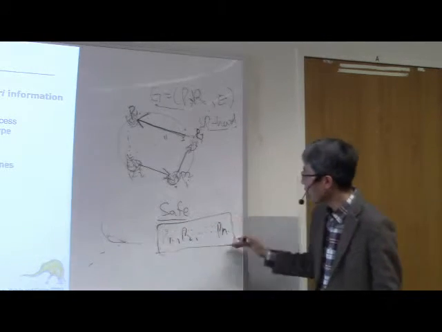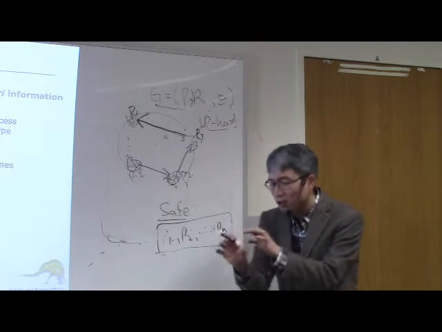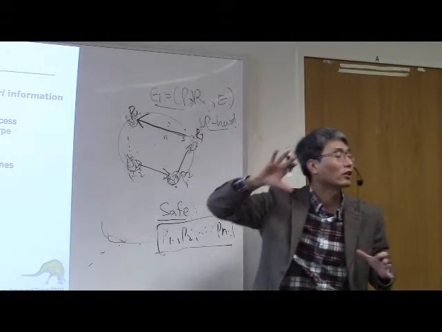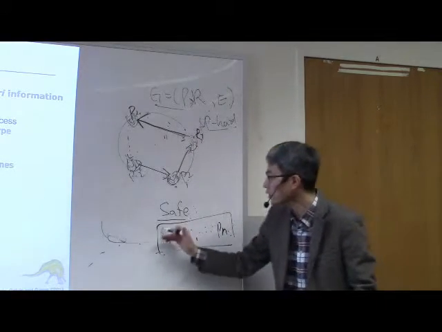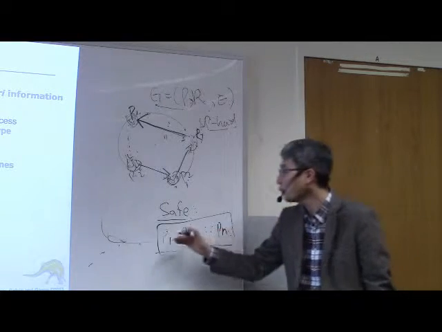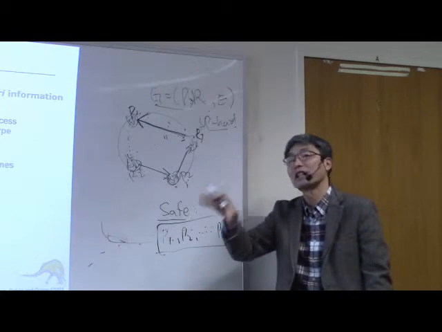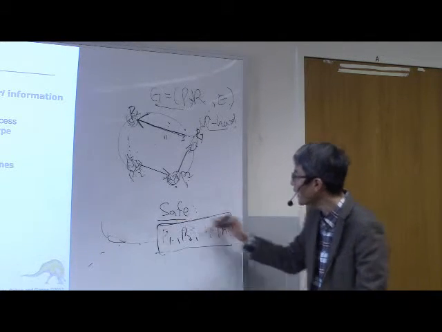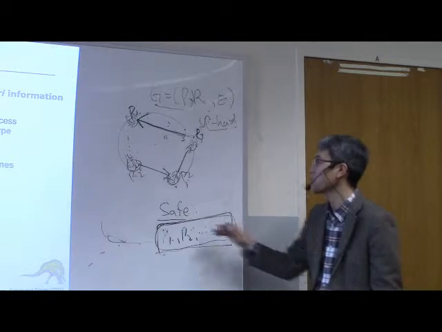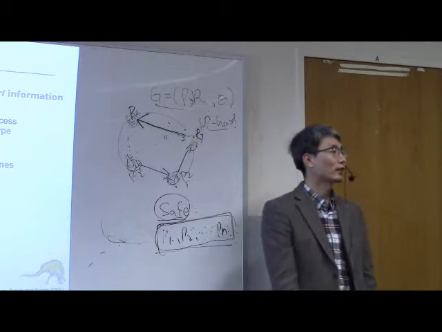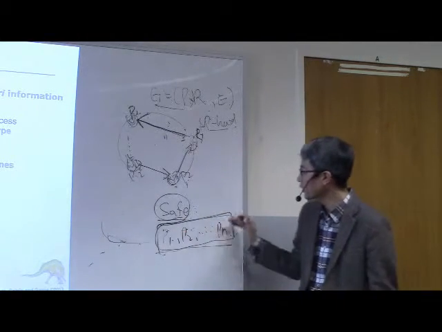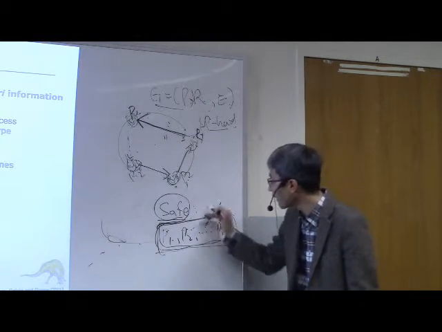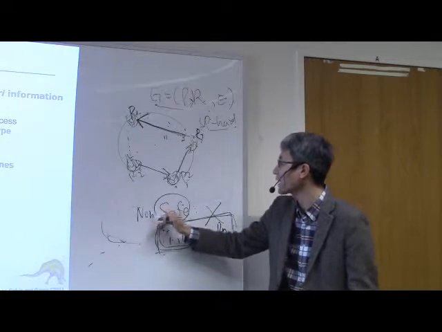So instead of searching for the circle in the graph, which is very, very complicated and takes a long time, we try to check whether we can terminate each process and eventually all the processes will be terminated. If we can find such a sequence of processes, that is called the safe state. If we cannot find such a sequence of processes that can be terminated, then that is called the non-safe state.